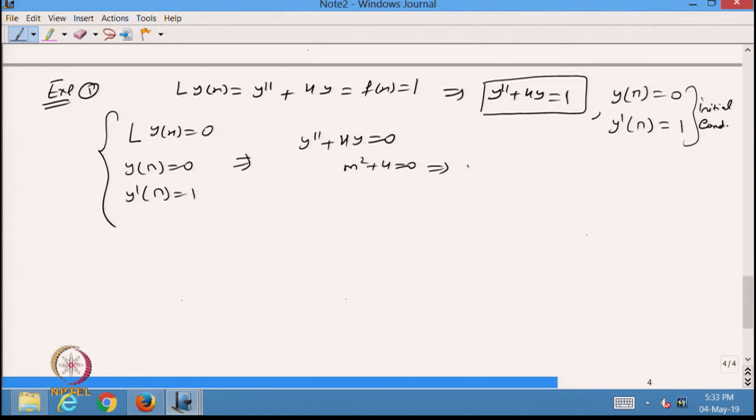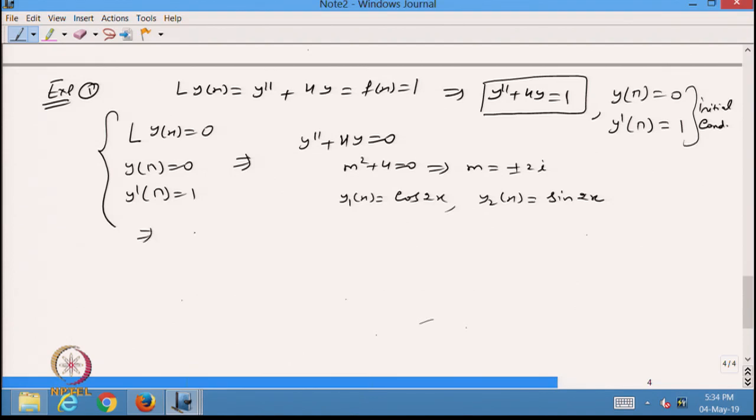From here I will get m is plus minus 2i, and from there I can define my solutions y1(x) as cos 2x and y2(x) as sin 2x. So, these are my linearly independent solutions, cos 2x and sin 2x.